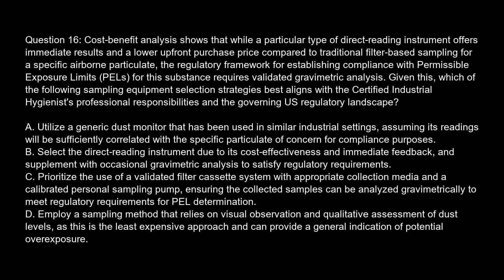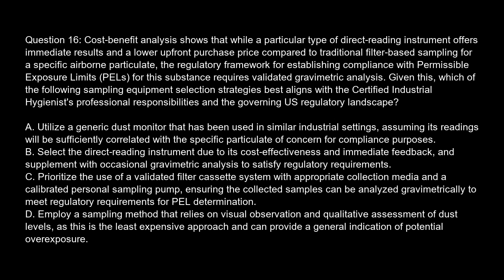Option A. Utilize a generic dust monitor that has been used in similar industrial settings, assuming its readings will be sufficiently correlated with the specific particulate of concern for compliance purposes. Option B. Select the direct reading instrument due to its cost-effectiveness and immediate feedback, and supplement with occasional gravimetric analysis to satisfy regulatory requirements.